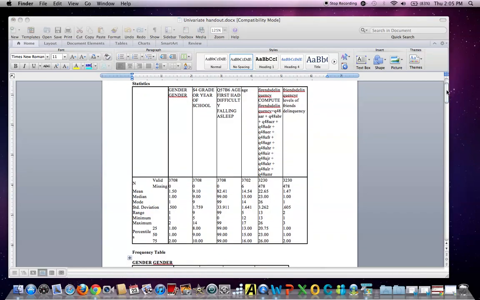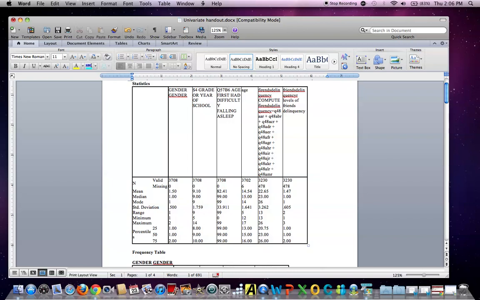Then the question becomes always, what level of measurement do you have here? Gender is a variable that cannot be ranked, and because it cannot be ranked, we will call it nominal.